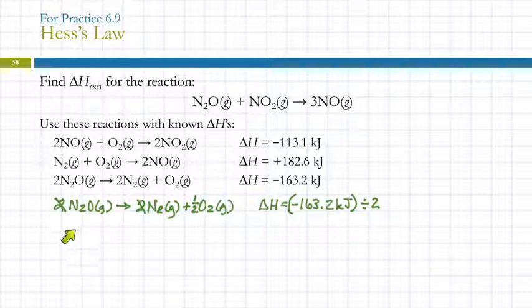Okay, so now I've got my first reactant. The second reactant I want is NO2. So I'm looking, there's NO2, but it's a product. So I need to write that equation backwards.